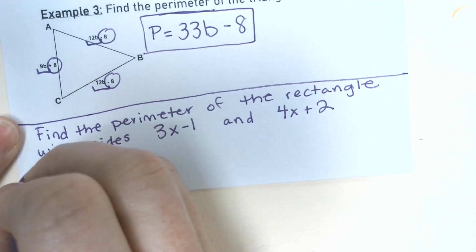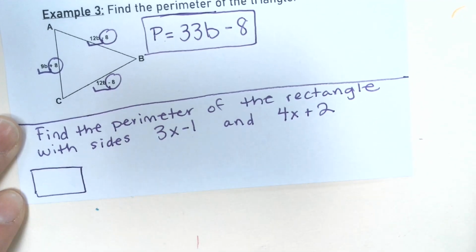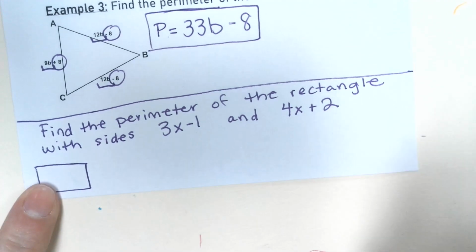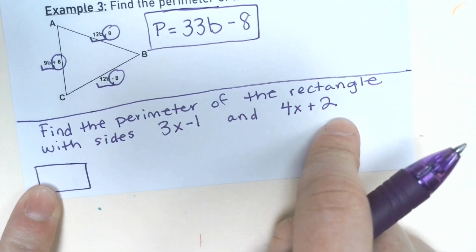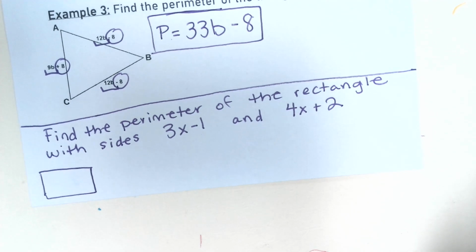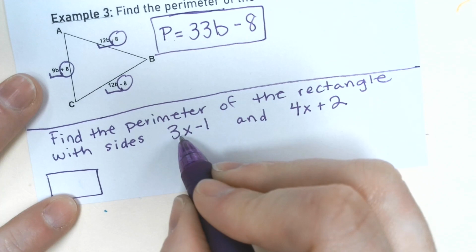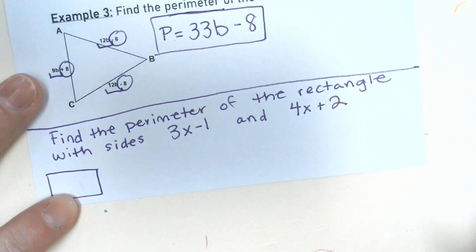I'm going to draw a little rectangle here. So a triangle has 3 sides, a rectangle has 4, but we only have 2 sides. How is that? Yeah, they're the same. Opposite sides are equal on a rectangle, remember? So this is going to be 2 sides, and this is going to be 2 sides.